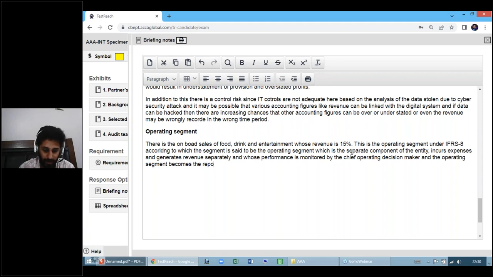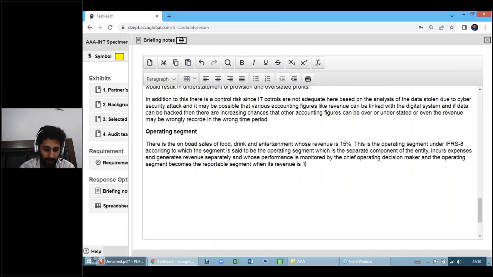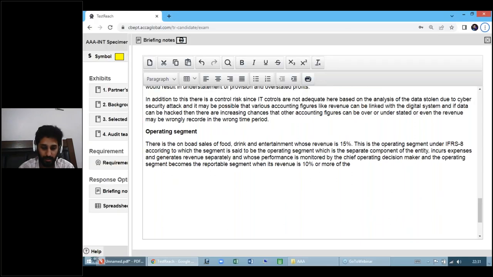when its revenue is 10% or more of all the combined operating segments.